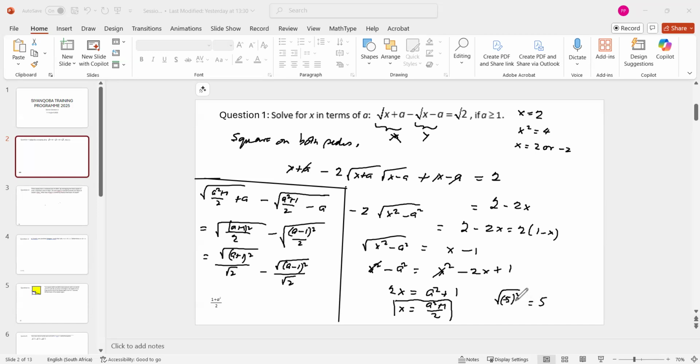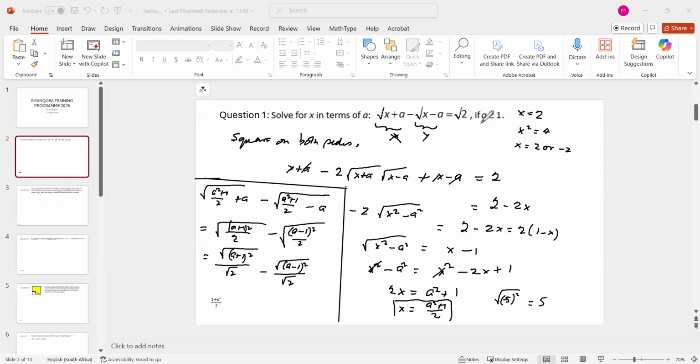So the square root of a quantity squared need not be the number inside. It is the absolute value of the number inside. In other words, if the number inside is negative, this is equal to the negative of the inside. But if it was positive, you leave it like that.